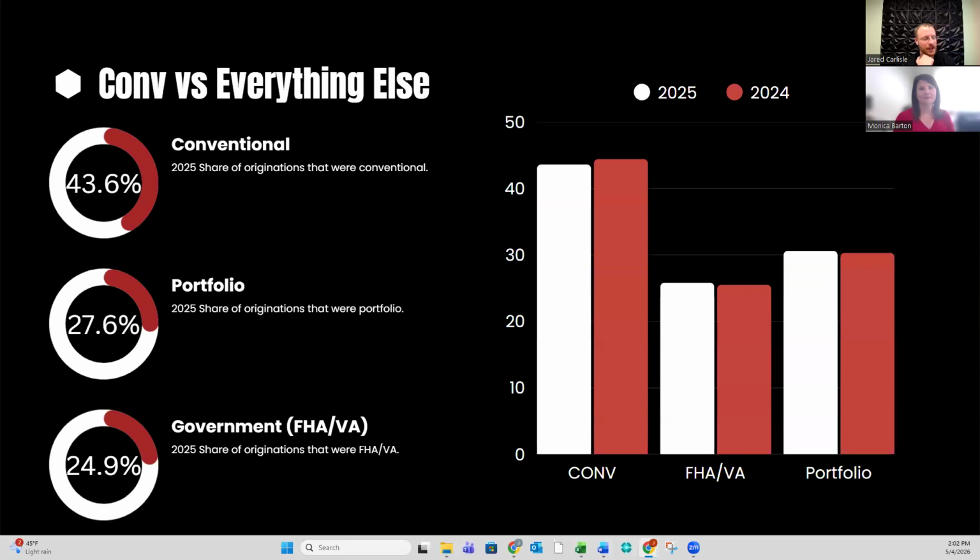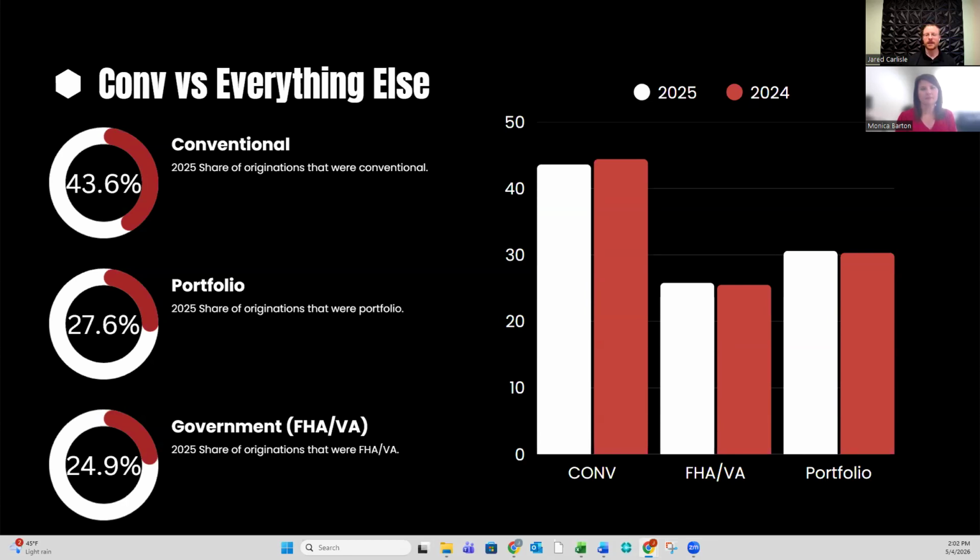First thing that I wanted to show was just the impact that conventional mortgages have in the mortgage environment as a whole. So this is a little breakdown that I found as far as statistics. Now, keep in mind, it says conventional is 43.6%.